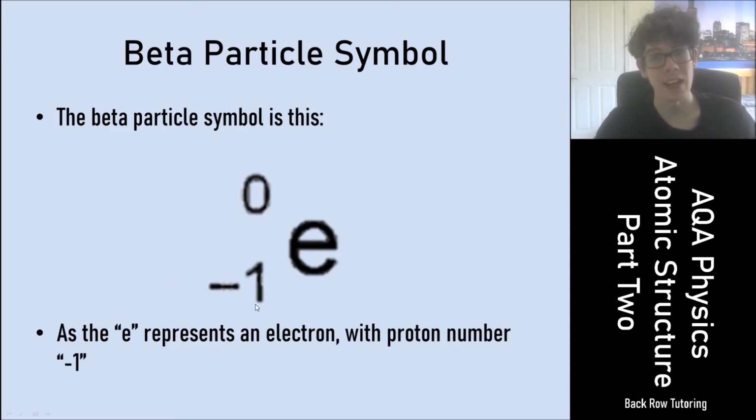It has a charge of -1. But remember, electrons have a mass which is very, very small. So we actually say it has a mass number of 0. Mass number of 0, proton number -1, and the letter we give a beta particle is E, because it is an electron. So that's the symbol for a beta particle.